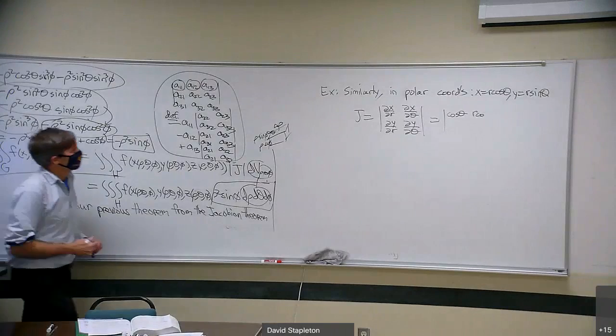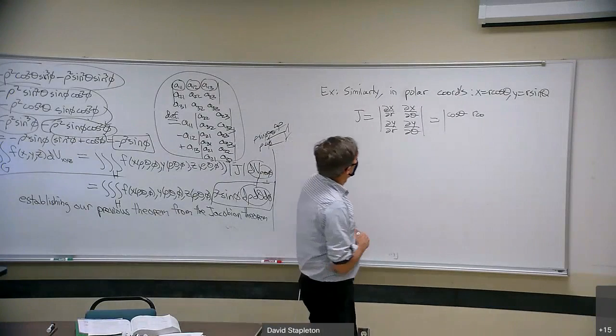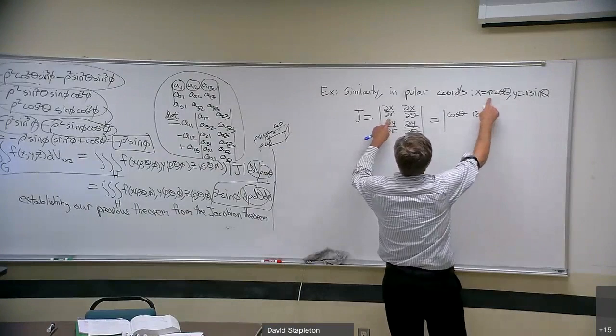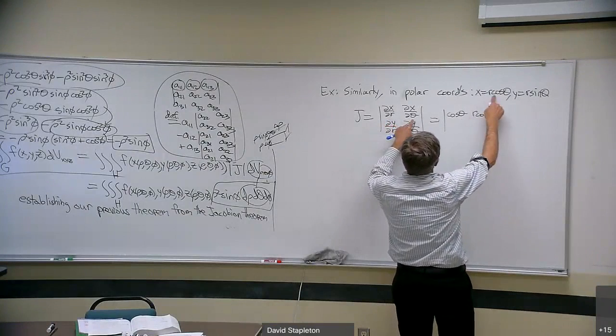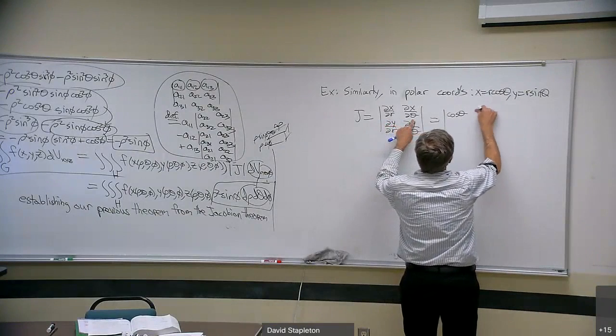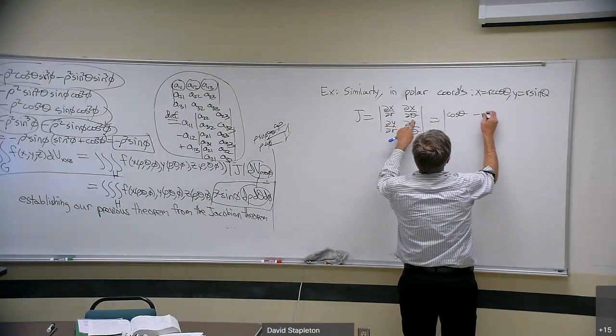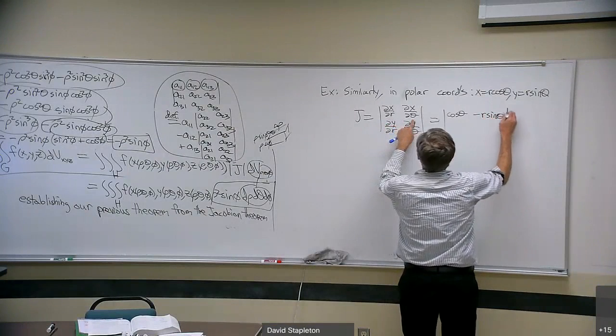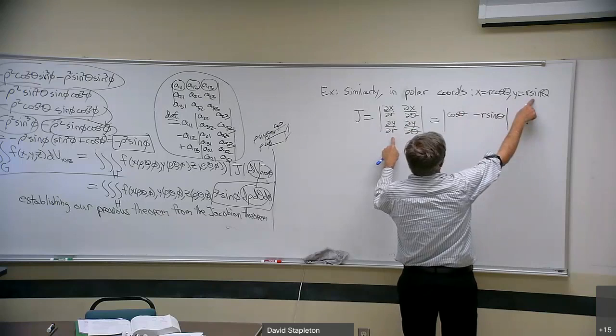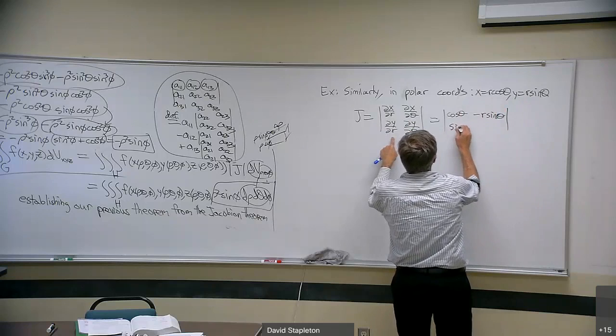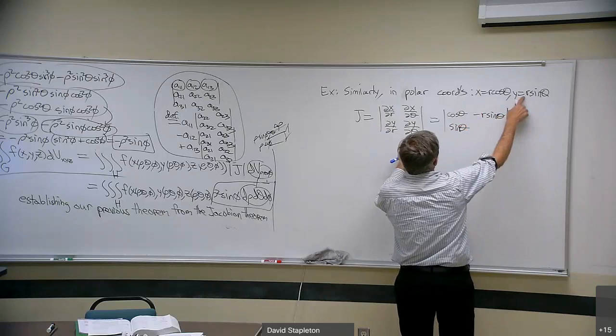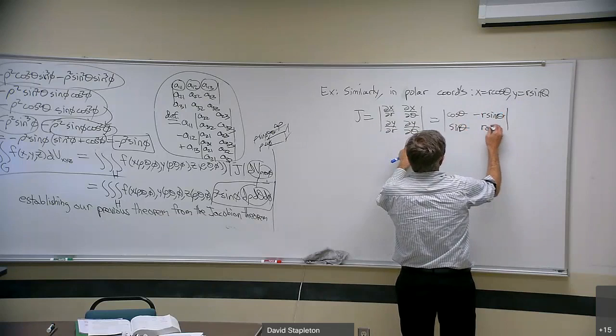There we go. So in polar coordinates, partial of x with respect to r is cosine theta, partial of x with respect to theta is minus r sine theta. Partial of y with respect to r is sine theta. Partial of y with respect to theta is r cosine theta.